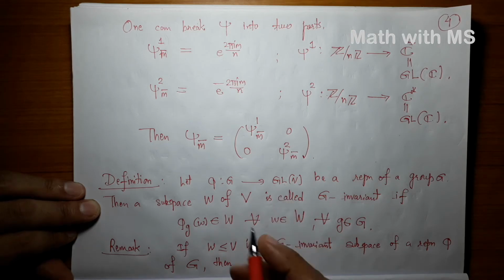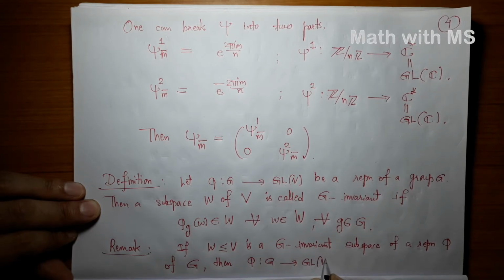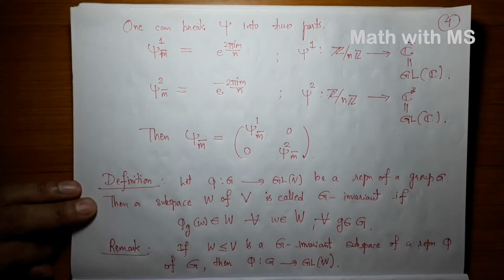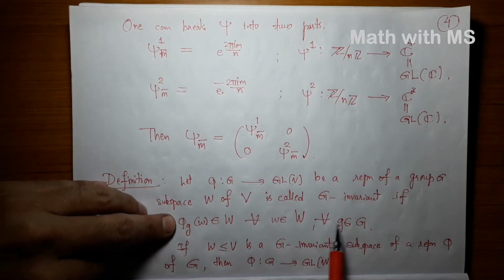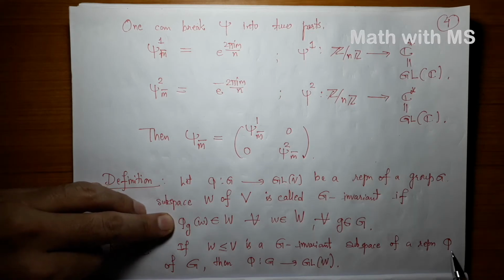So you can restrict it. Then phi from G to GL of W makes sense, because for every group element phi g, whenever you apply this operator on W, it again falls back in W. So you can restrict this representation.